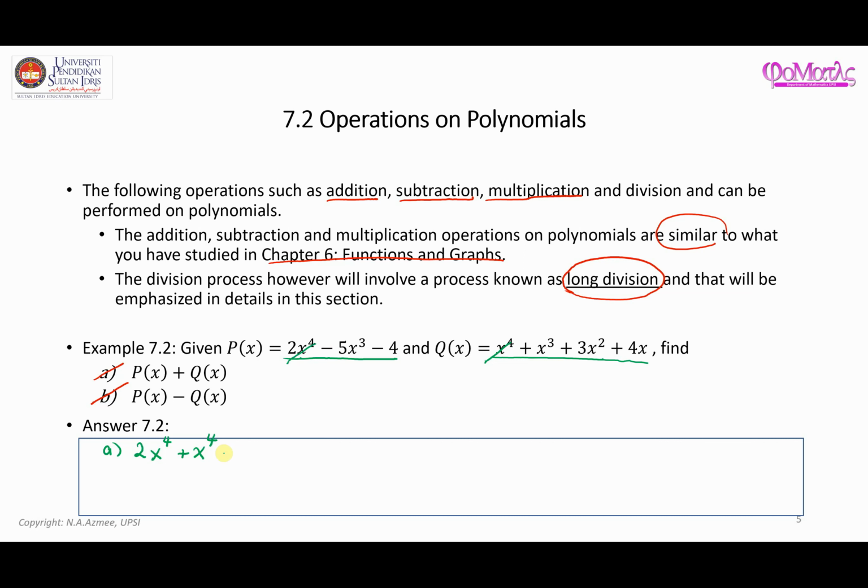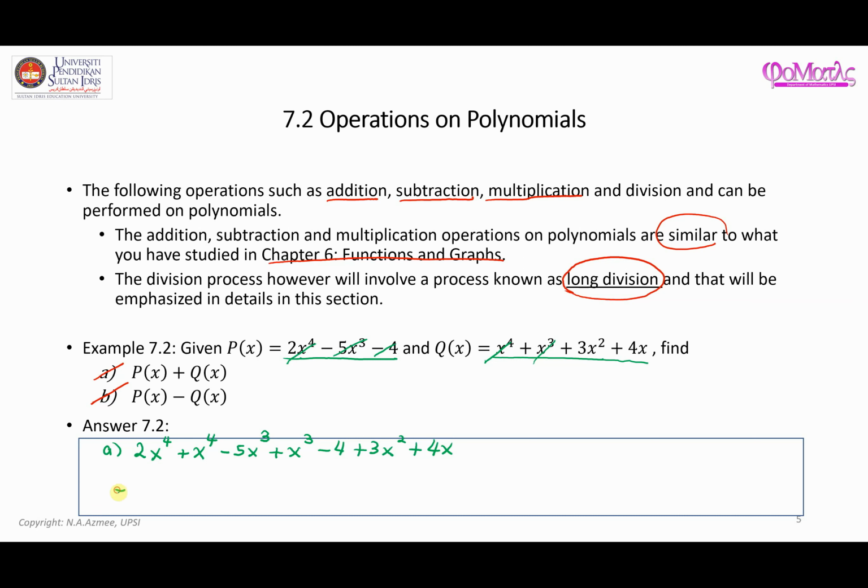Next I write down negative 5x cubed. Is there an x cubed? Yes, there is an x cubed here, so plus x cubed. Next I have negative 4, and then I plus the rest of the terms here, so plus 3x squared plus 4x.